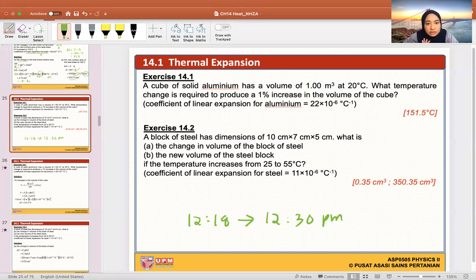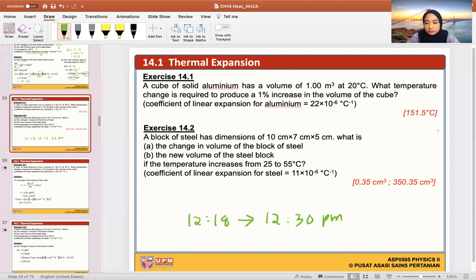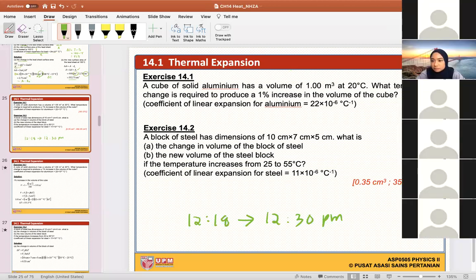I'm assuming exercise 14.1 dah settle. Panggil siapa? Oops, tertutup pula. Sorry. Didn't tengok participants.